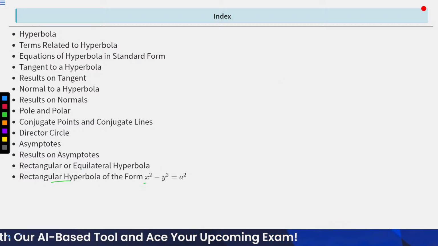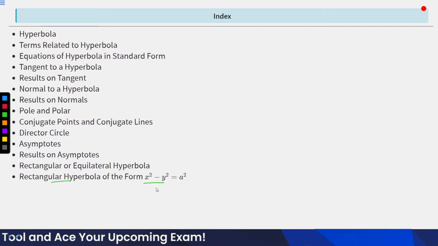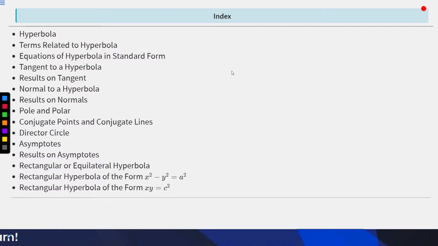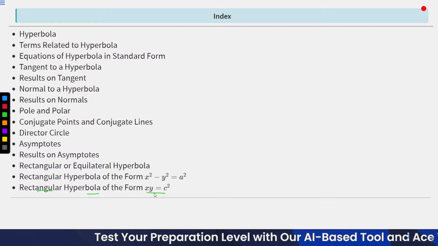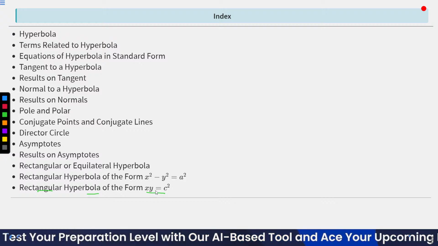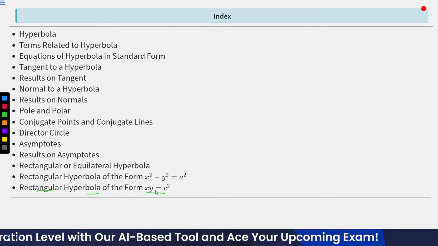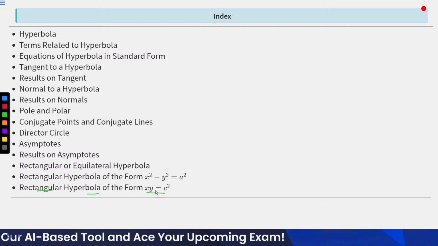Rectangular hyperbola of the form x square minus y square is equal to some constant square. And the last subtopic will be rectangular hyperbola of the form xy is equal to c square. Okay, let's now dive deep into our subtopics one by one.